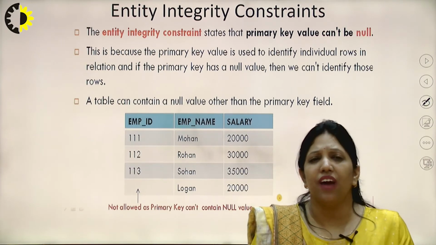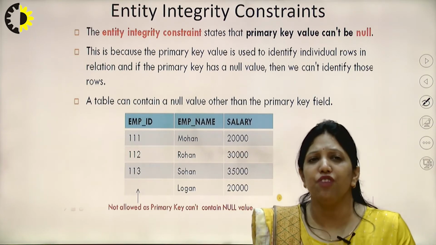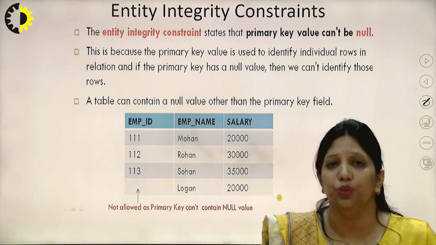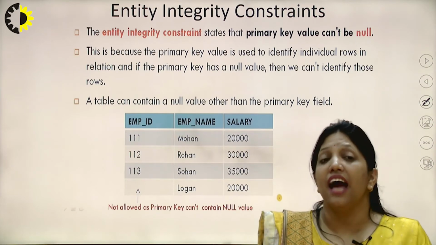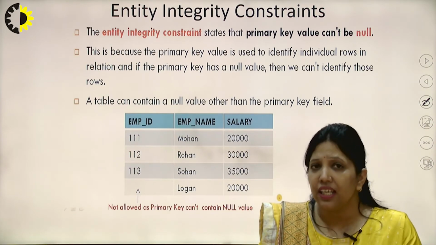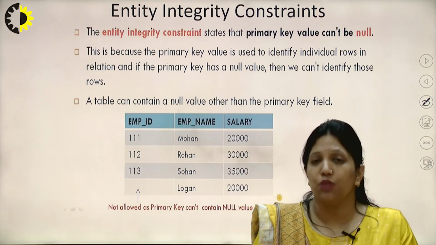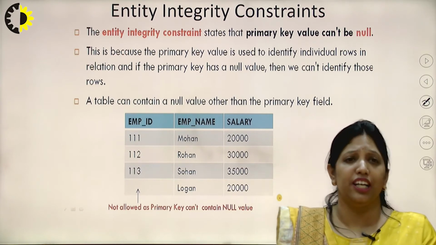The primary key value is used to identify an individual row in a relation, and if it has a null value, we cannot identify those rows. So when we insert any new row into the database, we check that the primary key value is not null.